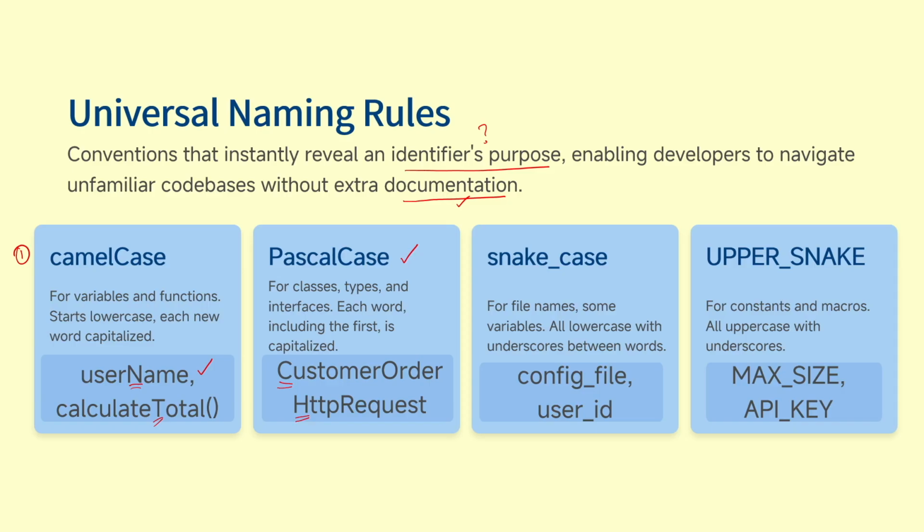The third one, which is more widely used in Python and other languages nowadays, is snake case. Here it is up to the user whether to use uppercase or lowercase, but they differentiate the words by using an underscore. There is an underscore between all the words.